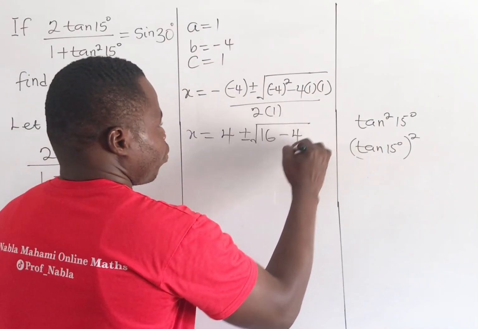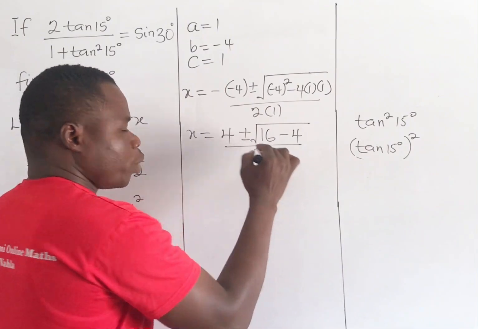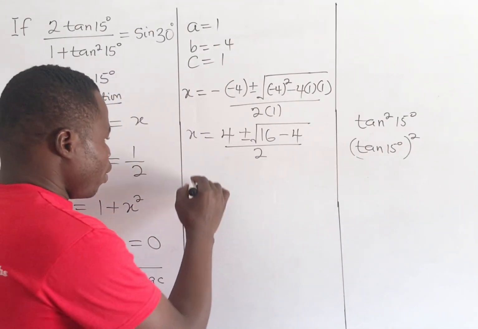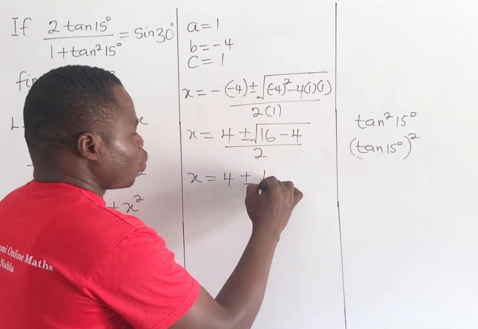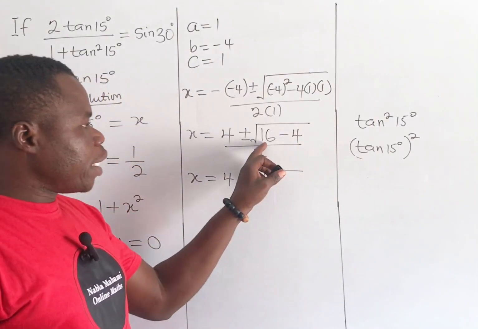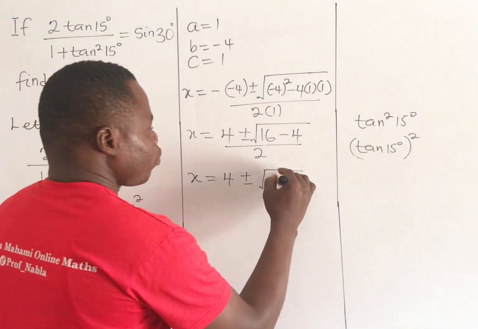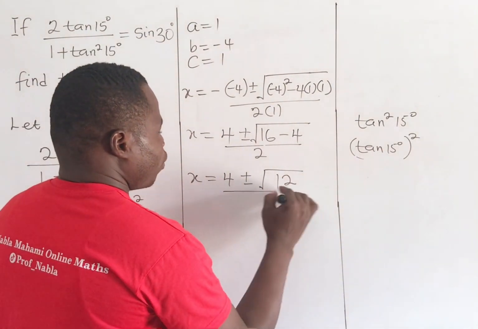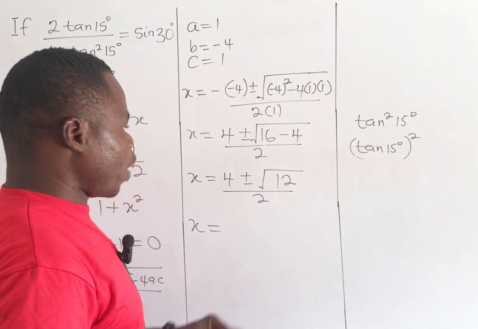So this will be minus 4 all over 2 times 1, which is 2. I will now have x to be equal to 4 plus or negative square root of 16 minus 4, which is 12, all over 2.